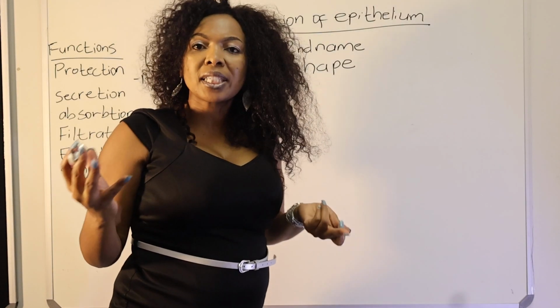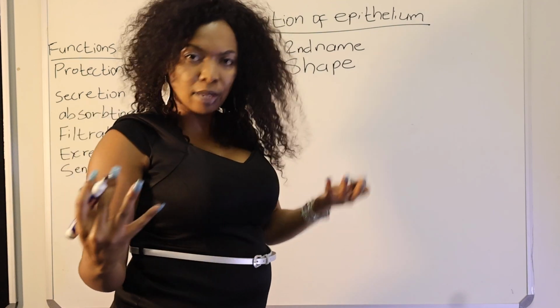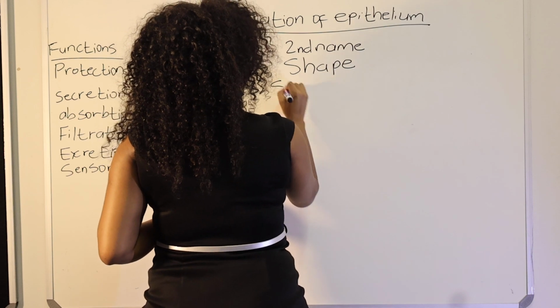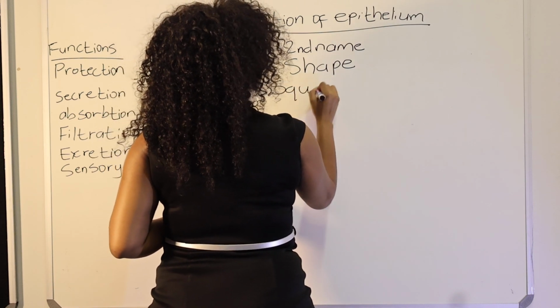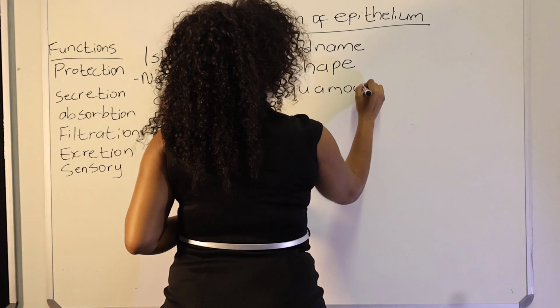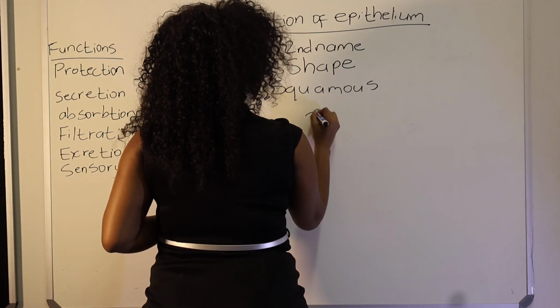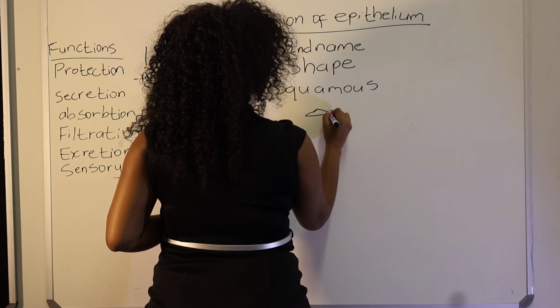Now, what does the second name tell us? The shape. So there's 3 shapes. There is squamous, the shape of the squamous is something like this.